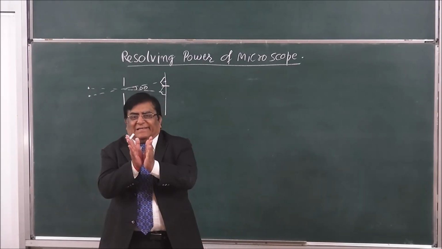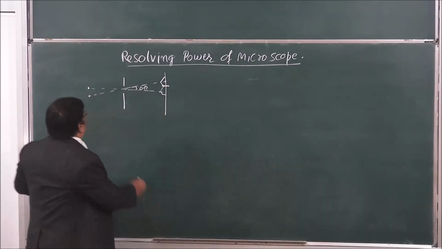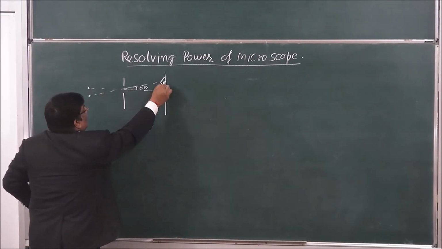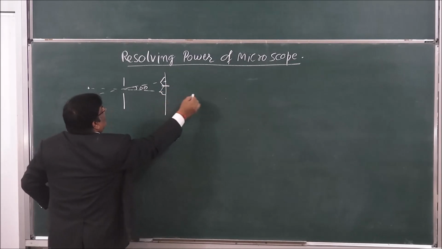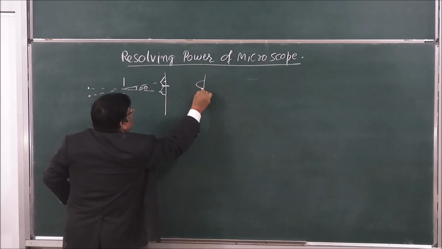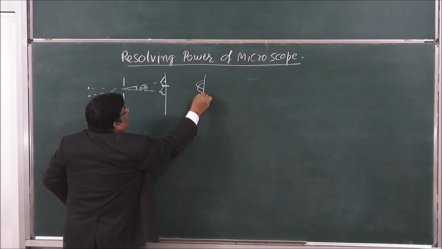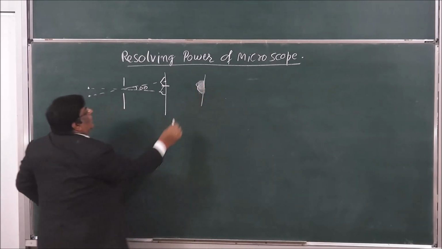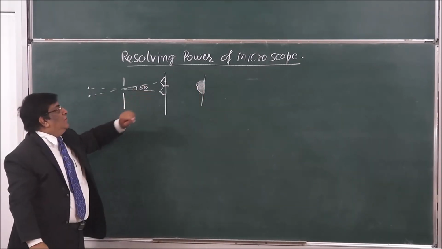If there is an angle less than 1 minute, the things are so close that I will not be able to see them separate, and in that case the two maximas may interfere like this. So I will be able to see one full spot, that will be 1 and not 2.